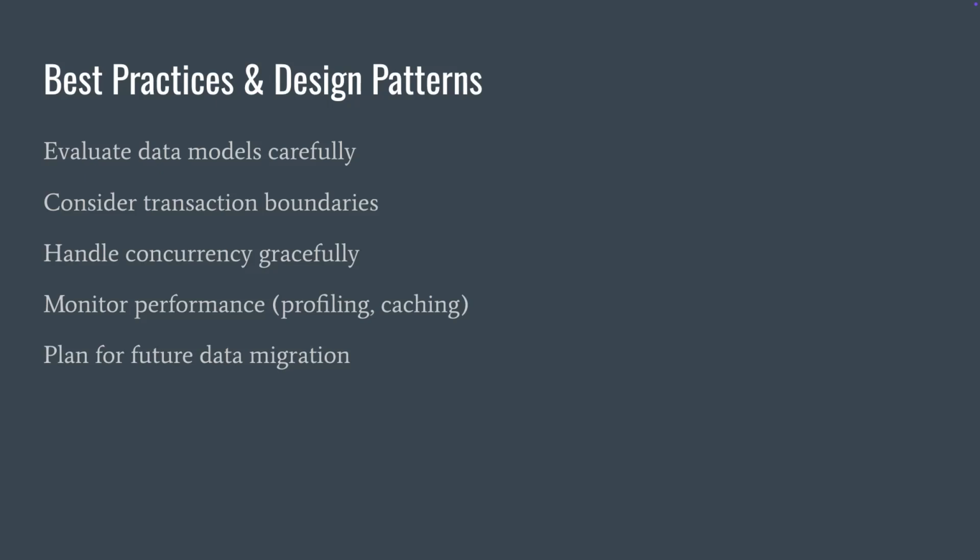You want to ask questions like, do you need a relational schema with complex queries or joins, or is your data better represented as key value pairs? You want to make that decision early because it can affect your choice of embedded database engine.